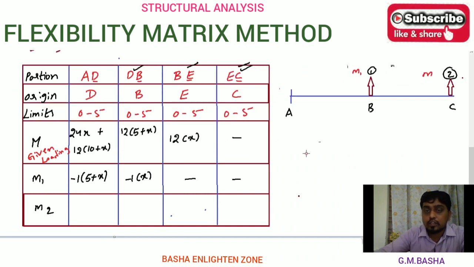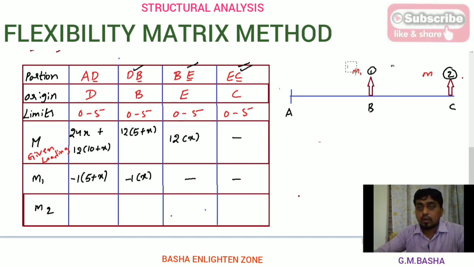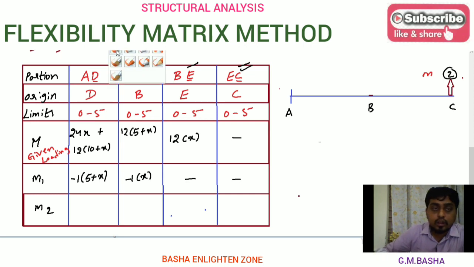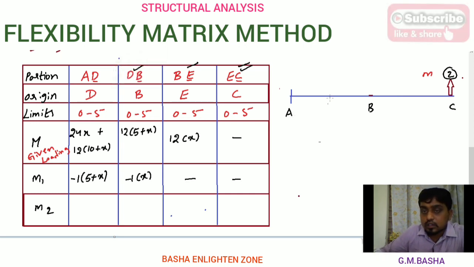So already we simplified the M1 moments. Here I am taking the M2 moments. So what are the portions here? D, and here it will be E. Each span distance will be 5 meters only.